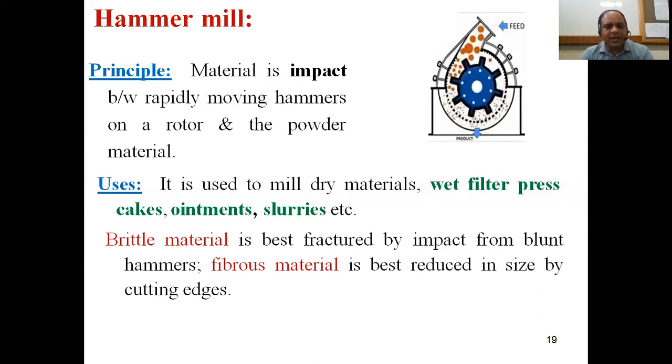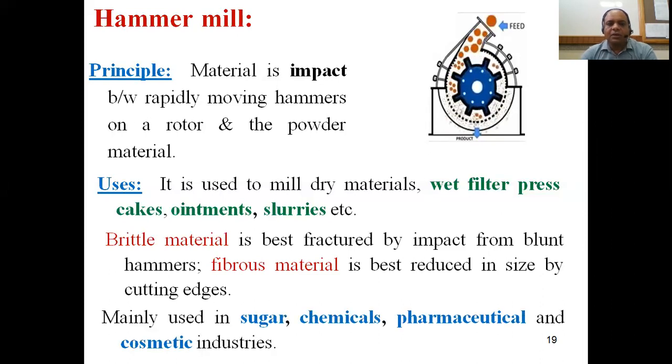If we have a fibrous material, we can't use the hammer mill because the fibers will be cut only by sharp edges, like sharp blades, sharp knives, or any other material having sharp edges. The hammer mill is mainly used in the sugar industry, chemical industry, pharmaceutical and cosmetic industries. Chemical industries and pharmaceutical industries are the major industries in which hammer mill is used.